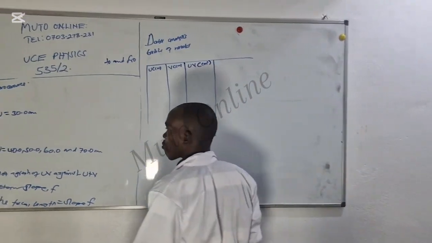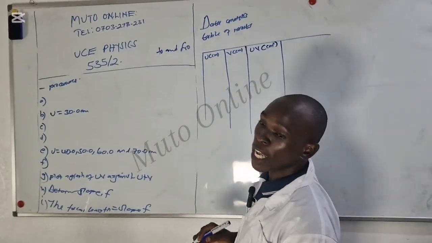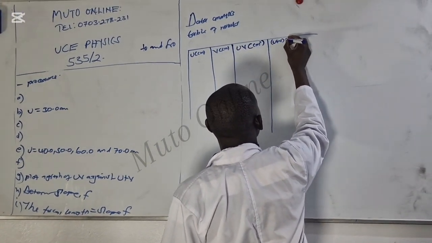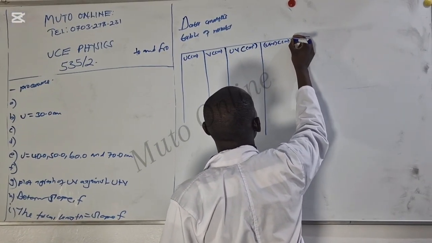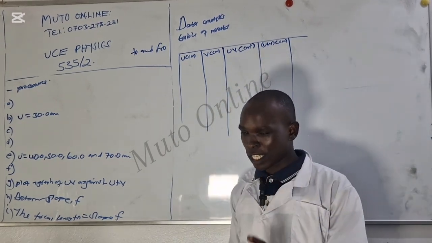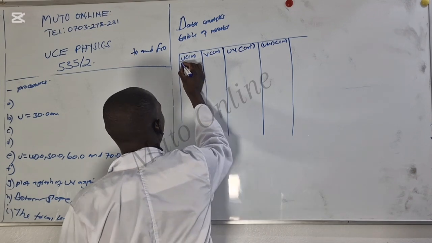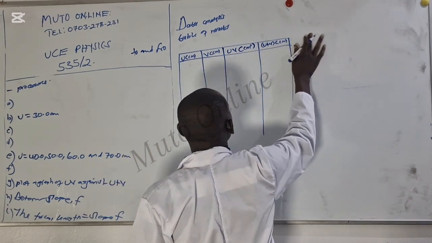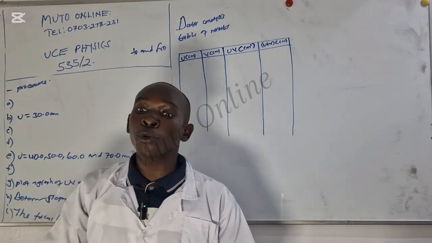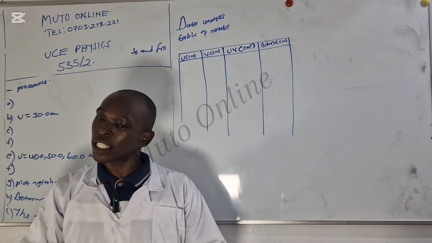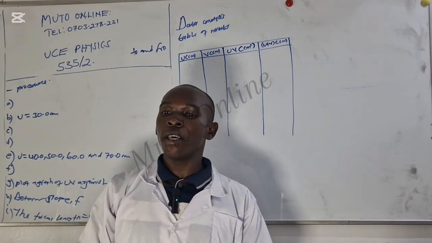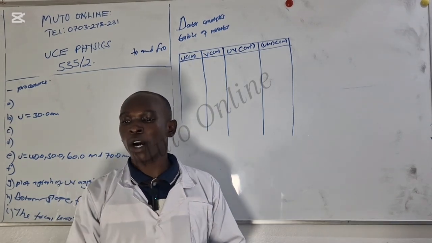And finally, u plus v will have a unit of centimeter. Why? It is just a centimeter plus a centimeter, which is equal to a centimeter. Okay. Now, after having your table here, make sure you are so neat. Anything untidy will lead to loss of scores. So you just need to be very, very neat when you're handling this.